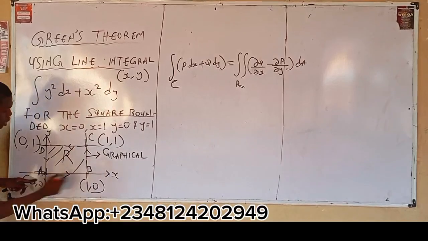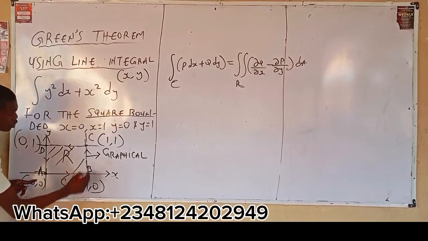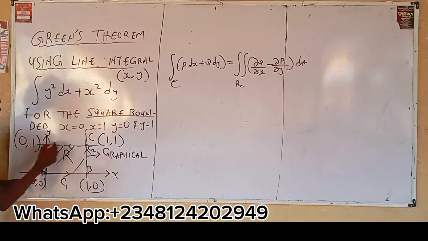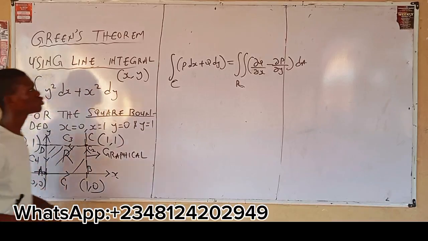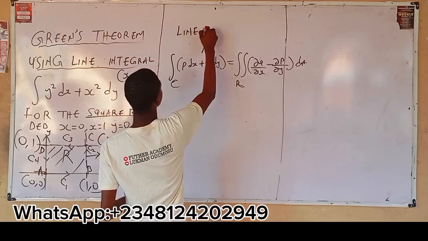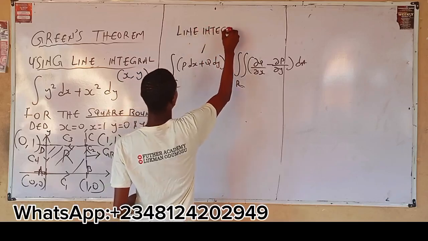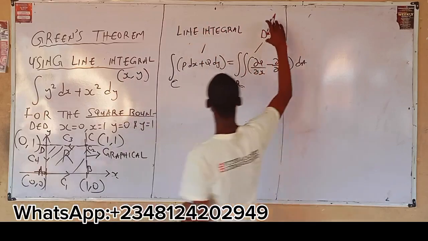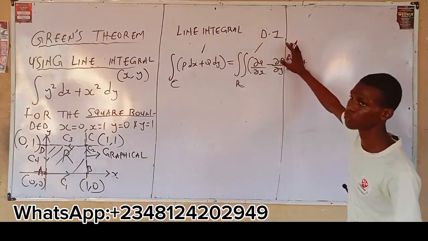So let's say from A to B, this is C1, B to C, this is C2, C to D, this is C3, and D to A, this is what? C4. So the whole idea is that this is a line integral, and this is a double integral. We've implemented the double integral, we've gotten 0.